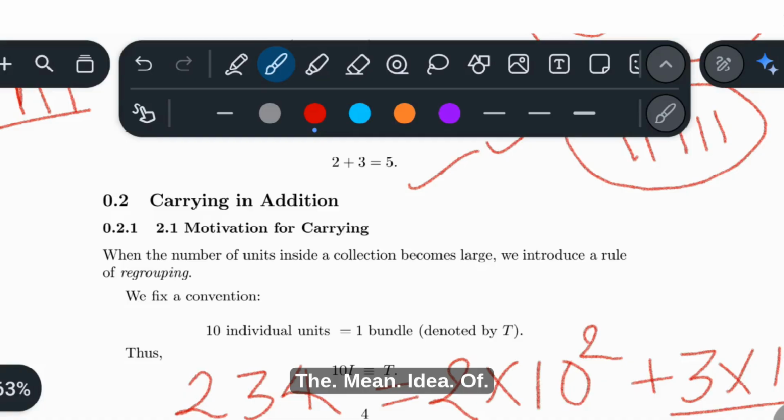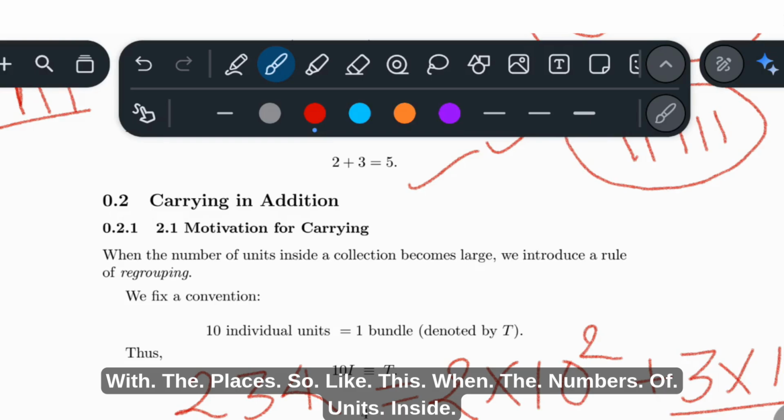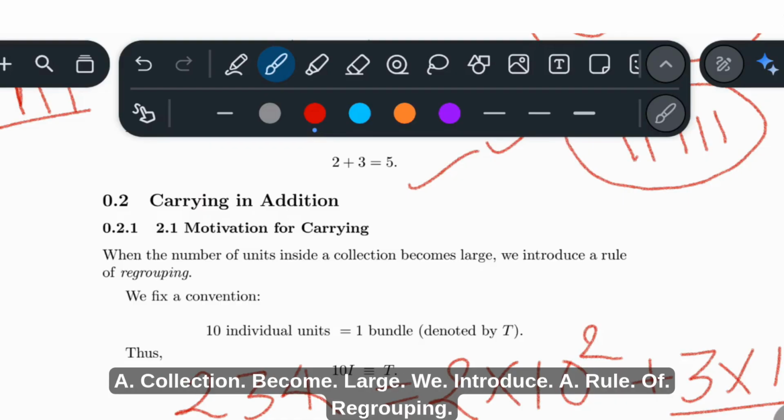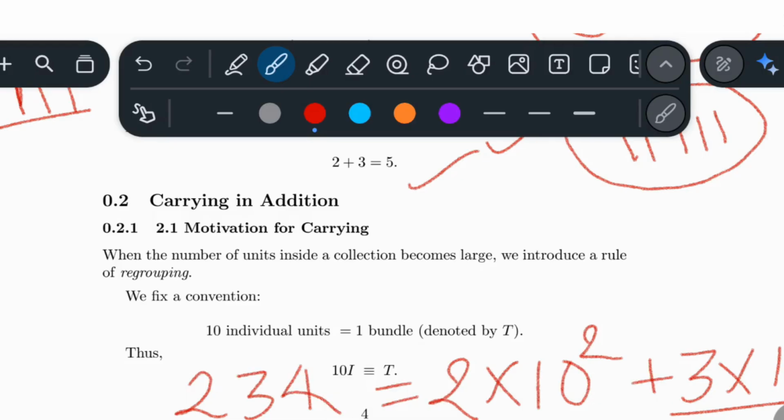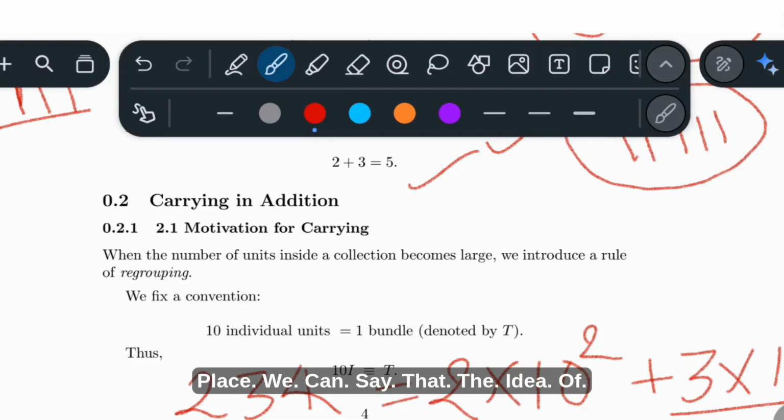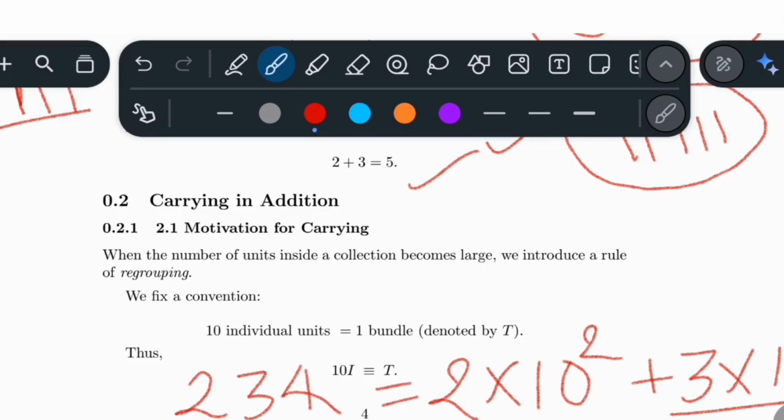The main idea of carrying is that we have to deal with the places. Say, when the number of unit digits inside a collection becomes large, we introduce a rule of regrouping. And when we deal with units, then tens, then hundreds place, the idea of calculating and understanding numbers becomes easier, because we don't have to know what comes next.